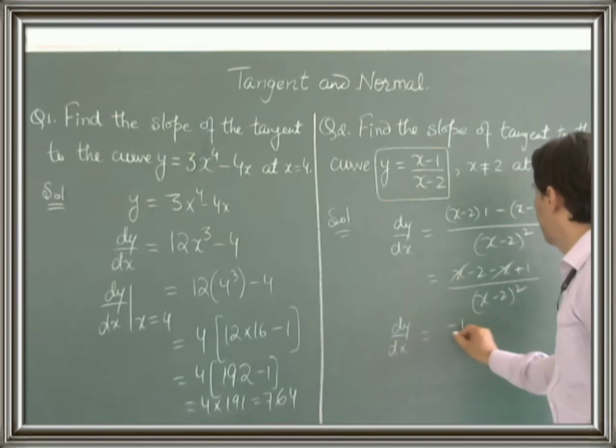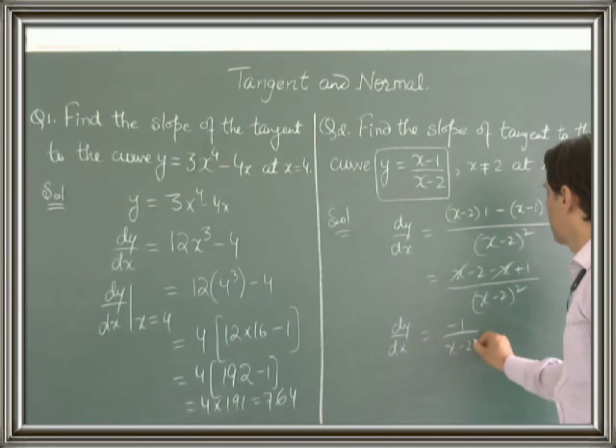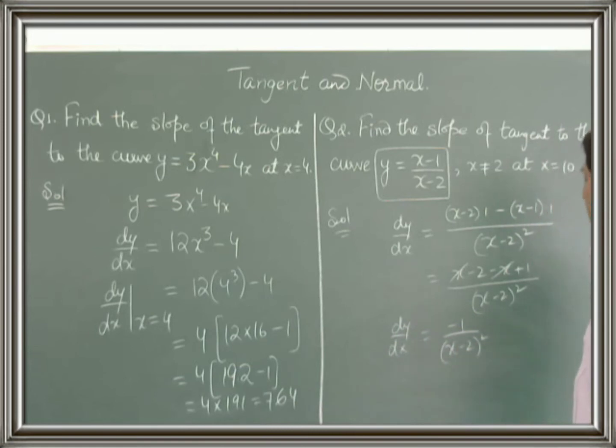Minus 1 upon (x - 2) whole square. Now we need to find the slope at x = 10. So I will substitute x = 10 and I will get minus 1 upon (10 - 2) is 8. 8 square is 64. So it is minus 1 upon 64 is the slope of the tangent to this curve at x = 10.